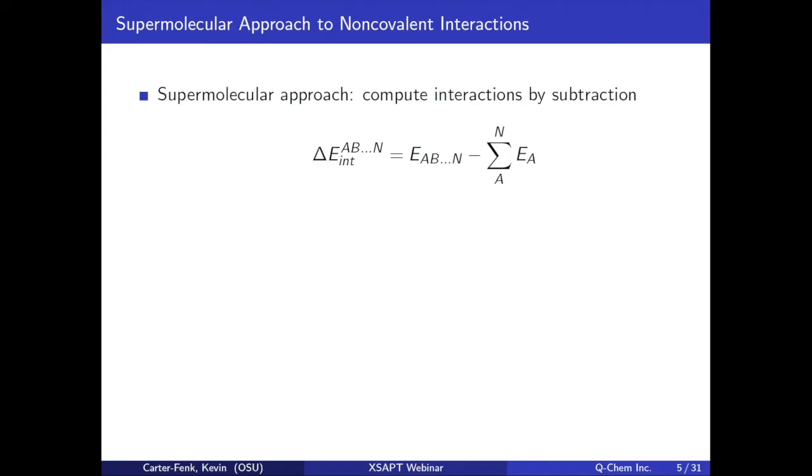So say your system has n molecules, then the interaction energy of that system can be calculated by first calculating the total energy of the entire system of n molecules, and then subtracting the sum of the monomer energies, the non-interacting monomer energies.